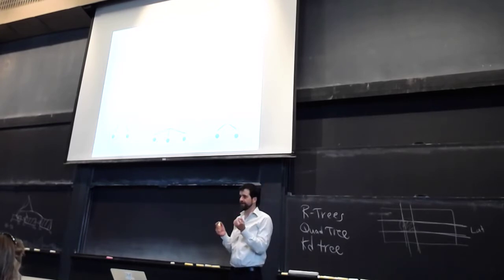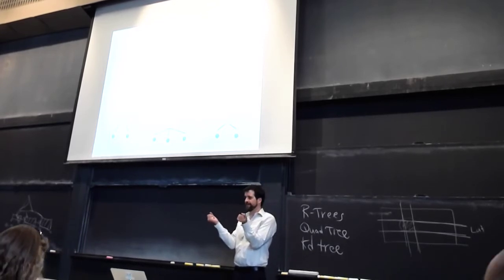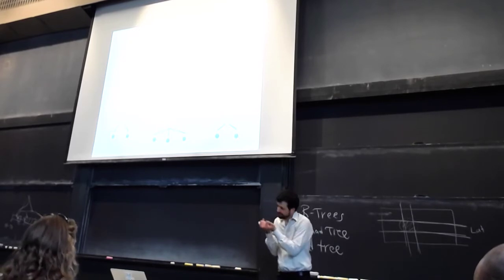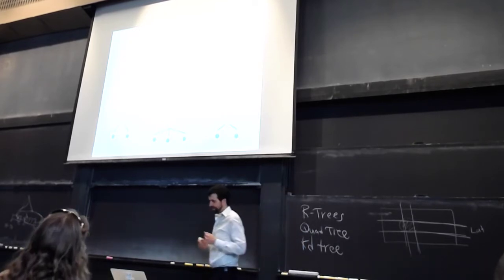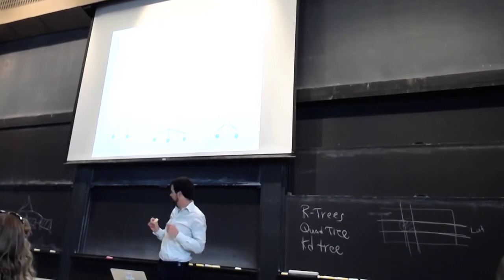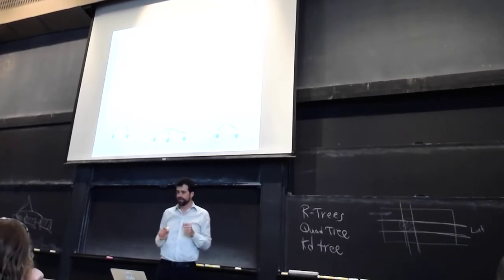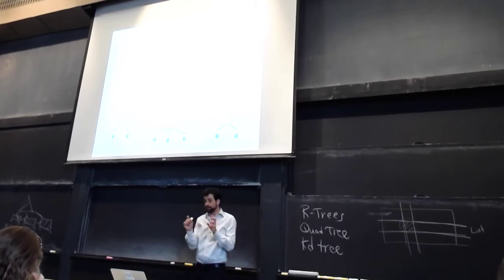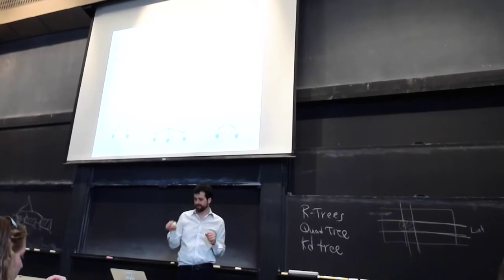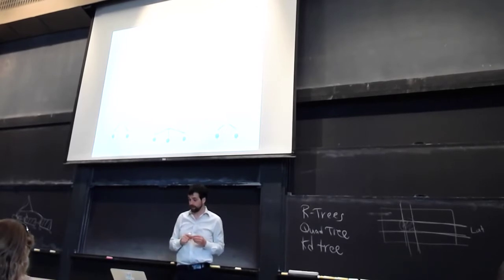Each box represents a page on disk, and just like in a B tree, instead of a single rectangle per page, I might have multiple rectangles per page. But you can traverse down this, reading pages that correspond to the rectangles that you care about.